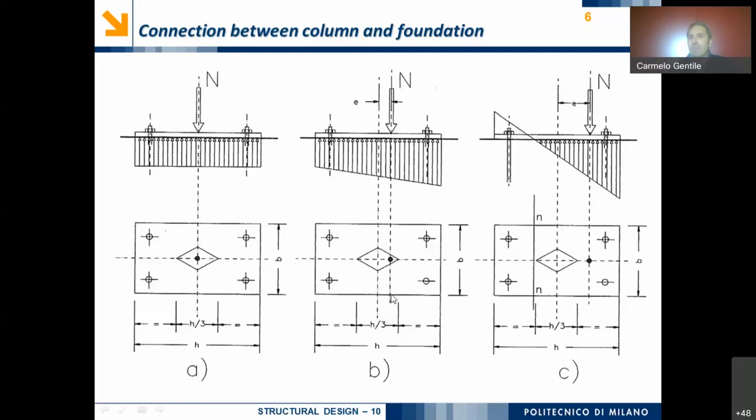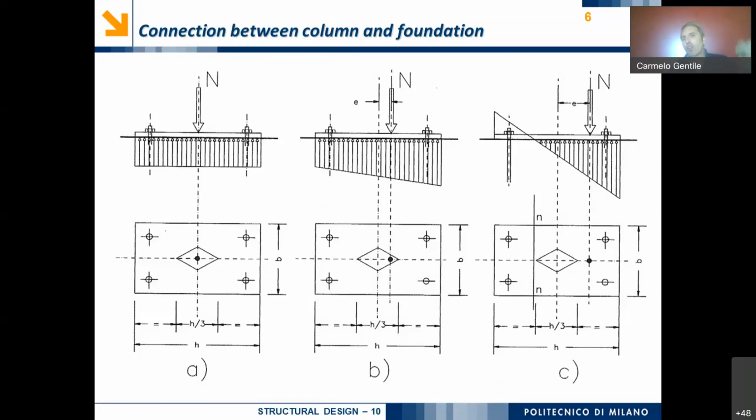But as you can see in the central scheme, this distribution of pressure is no longer a constant distribution, because as usual, we have a larger pressure on the right hand side and a lower pressure on the left hand side, because we have to superimpose the effect of an axial force which is acting in the center of the plate.